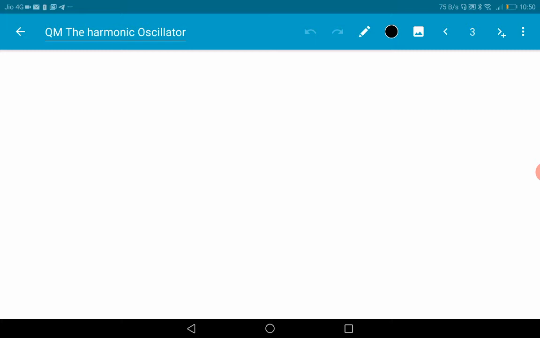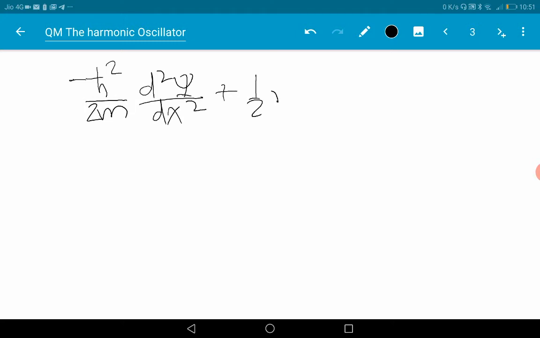So what I'll do is just feed the value of V into this equation, and we have minus h cross squared by 2m d squared psi by dx squared, plus, as we all know, V, half m omega squared x squared psi, equals E psi.